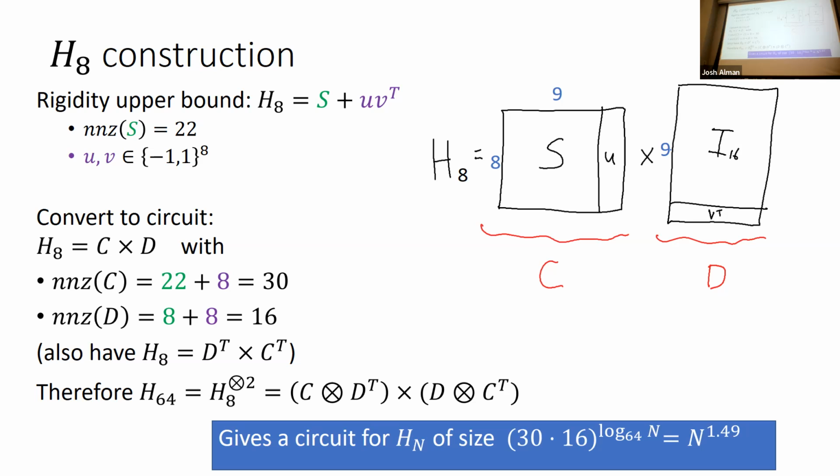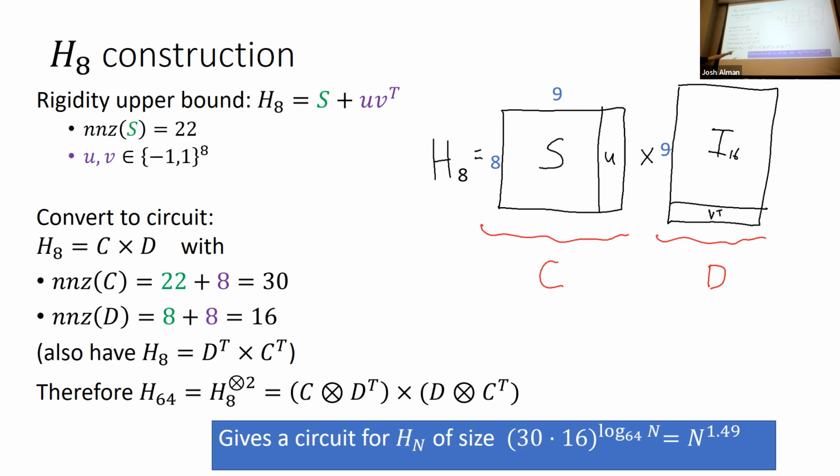Yeah. Sorry, where is the size of the entries growing? Oh, so this matrix S, its non-zero entries are all 2s, because they have to change from -1s to 1s.